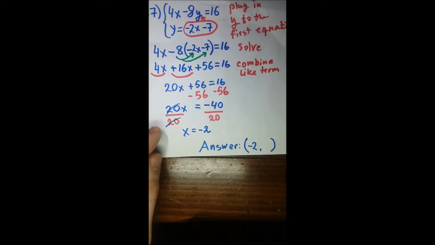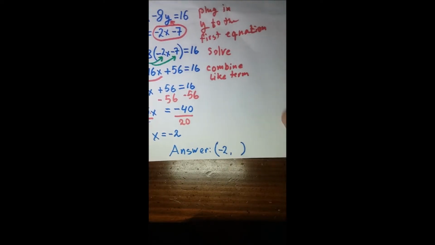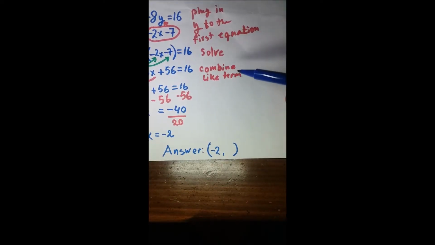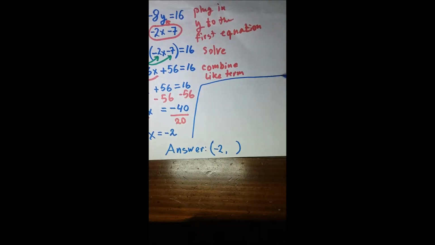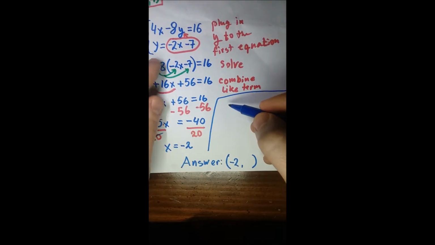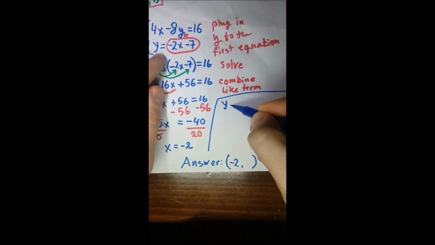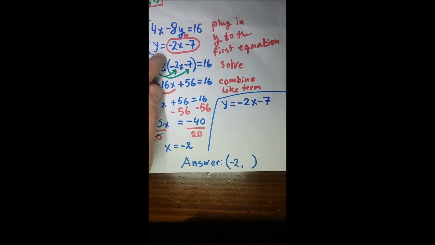So I'm going to move my paper right here, and we'll go right about here, okay? So I'm going to rewrite y equals negative 2x minus 7. And instead of this x, I'm going to write down negative 2.